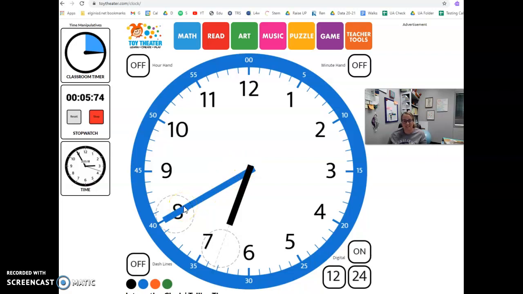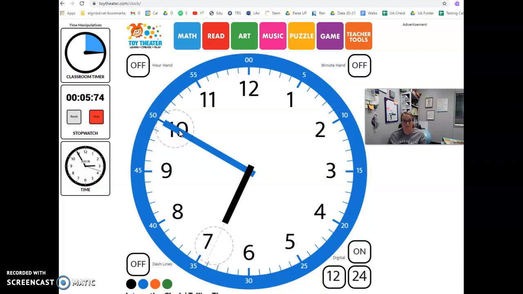Then I have to clean all the dishes and plates and get ready for bath and bedtime. So that usually takes me about 10 minutes. So if it takes me 10 minutes to get the table cleaned and get things ready for bath and bedtime, what time is it once I get all of that done? So if it's 10 more minutes, let's count. 5, 10. What hour are we working in now?